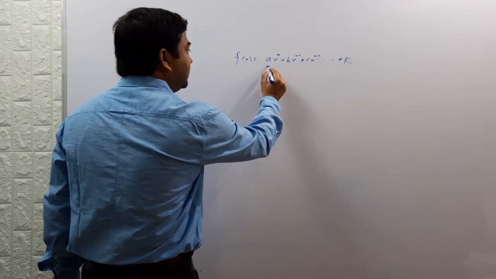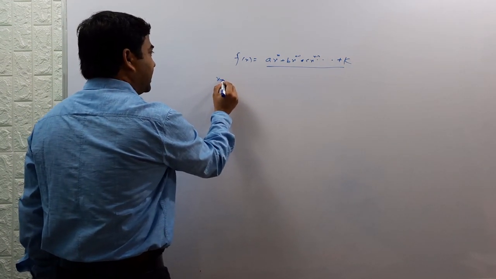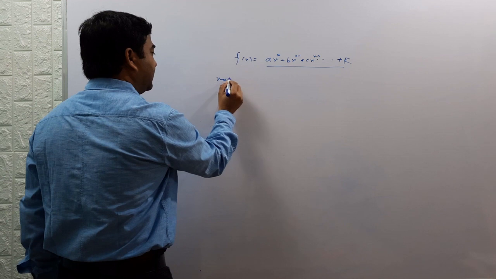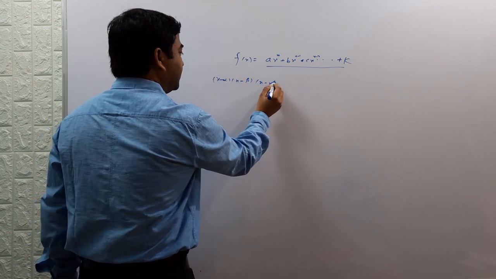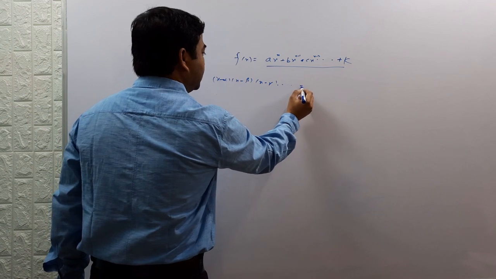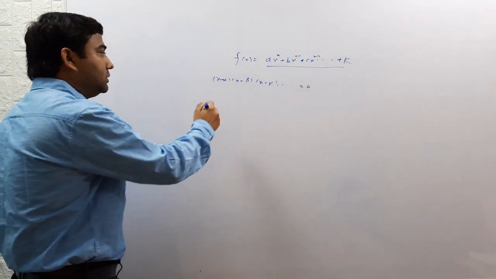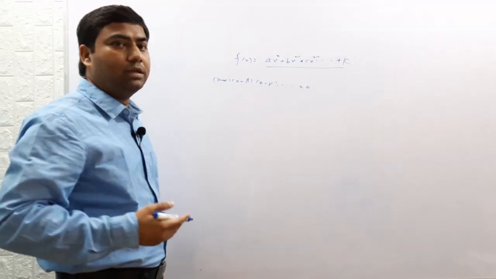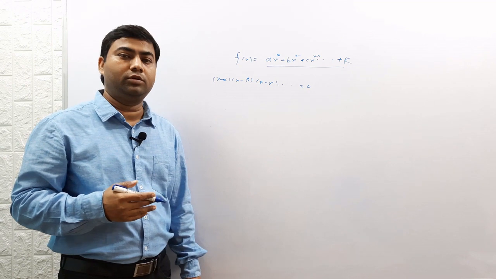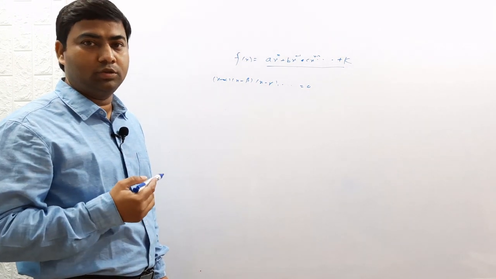This polynomial can be written in terms of its roots, x minus alpha into x minus beta into x minus gamma and so on, equal to 0. Based on the degree of the polynomial, there will be a similar number of roots. If the polynomial has degree n, it will have n roots.